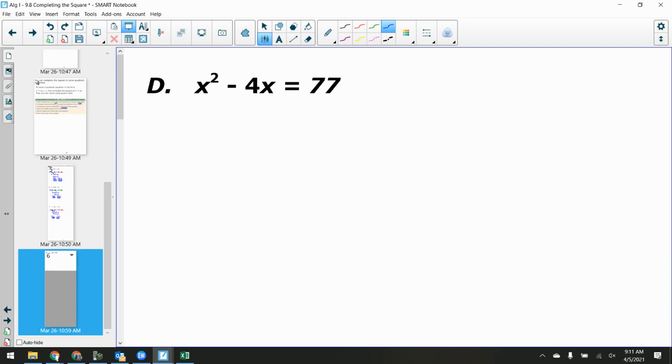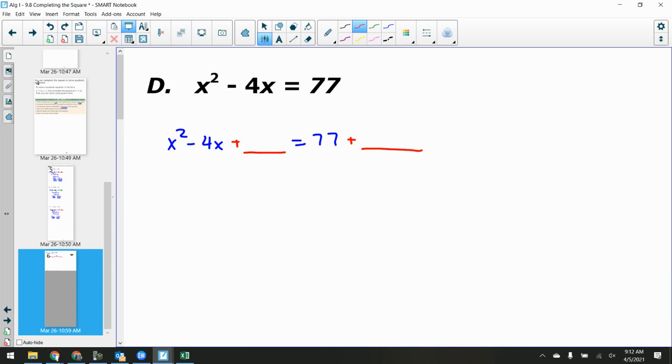Step 2 is do I have an a value? No, nothing to divide through by. Step 3, find the magic number. So I've got x squared minus 4x plus something here and that same thing here. Again, whatever I do to the left side, I've got to do to the right side as well.